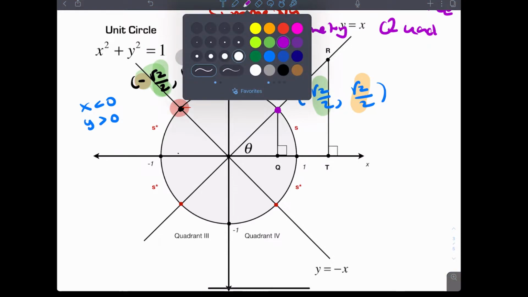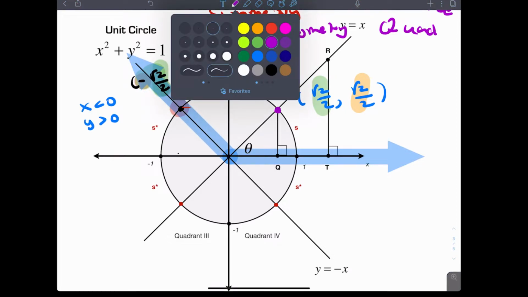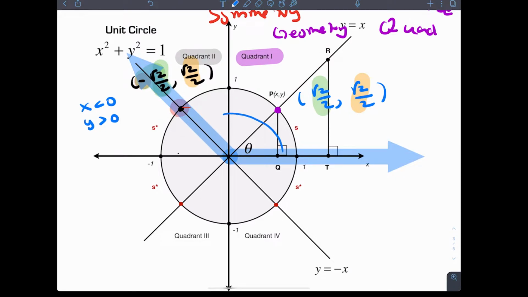What they want you to know how to do is, here's my initial side, the initial ray, also known as the initial side of the angle. And then I'm going to rotate it this way. What angle is that? What's theta? Here we know what theta is.